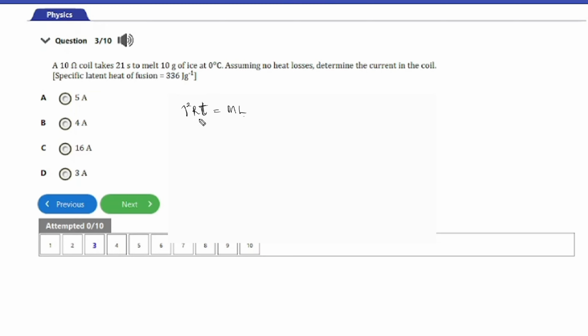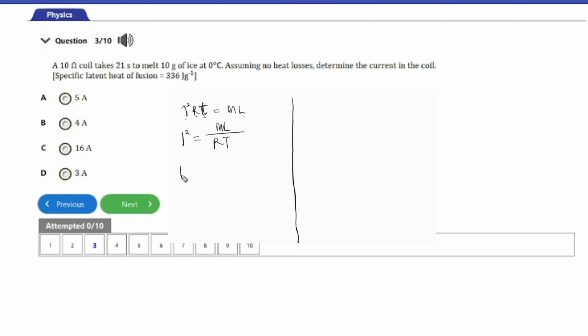Then for I squared Rt, I squared is not given, but R, which is the resistance, is 10 ohm, and then t here is 21 seconds. So if we make I squared the subject of this equation, we're going to have that I squared is equal to ml over Rt.